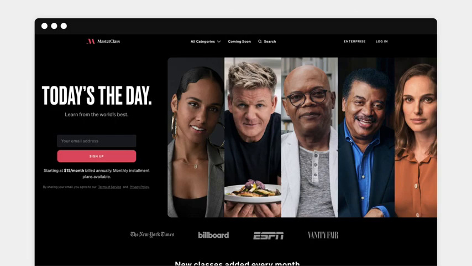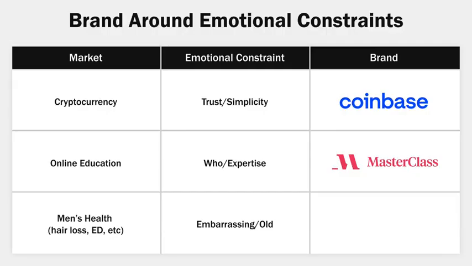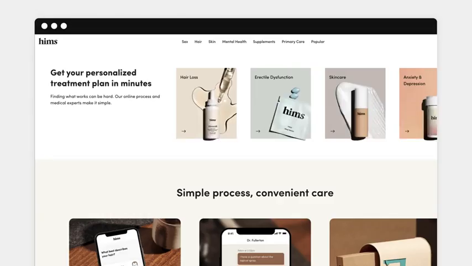Let's think about a market such as men's health, something like hair loss or erectile dysfunction, or some of these other embarrassing men's health topics. The primary emotional constraint here is that we would view these topics mostly as embarrassing or only for old people. Here we found one of the fastest growing e-commerce companies of the past 20 years, Hims.